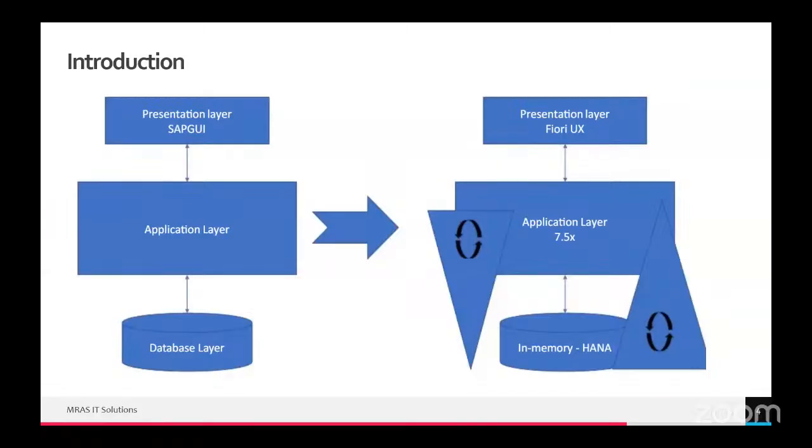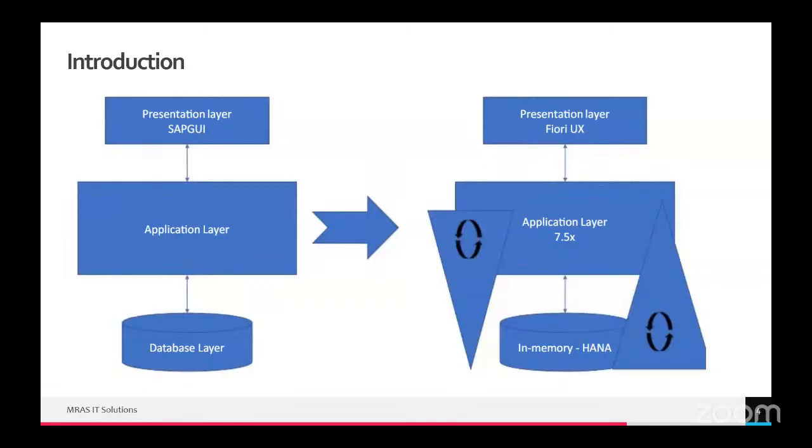In HANA, we have the in-memory database, wherein whatever calculations you are performing, we don't need to go to the application layer. We will be performing them at the database in-memory level, doing everything at the database layer itself, and we are pushing the data directly. In the presentation layer, we will have the front end. So from SAP GUI, we will be moving forward to Fiori.